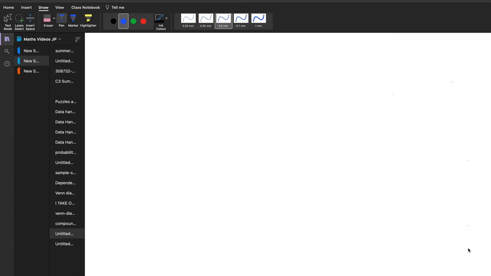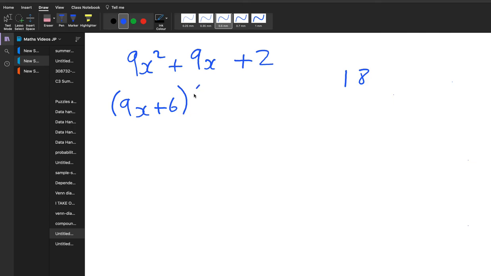Let's do another example. Let's take 9x squared plus 9x plus 2. Okay, cool. So 9 times 2 gives us 18. Then we need to find two numbers that multiply to give 18 and add to give 9. Well, that's going to be 6 and 3. So we have 9x plus 6, 9x plus 3.